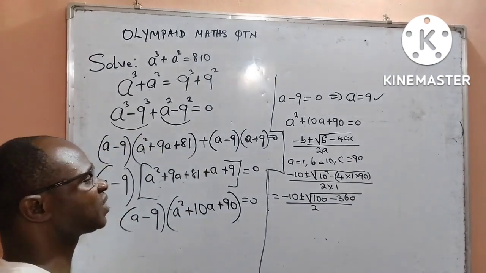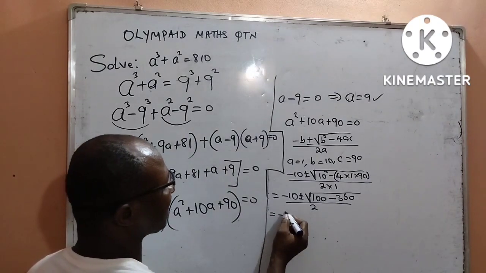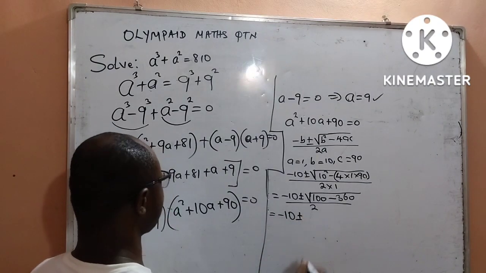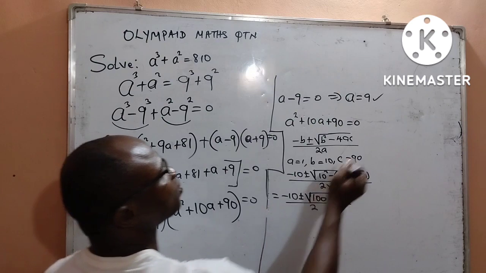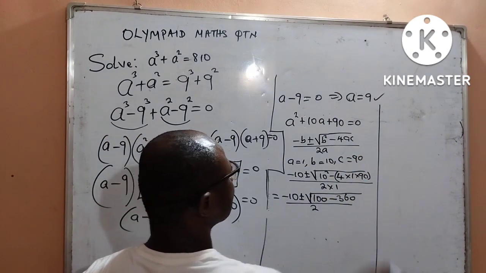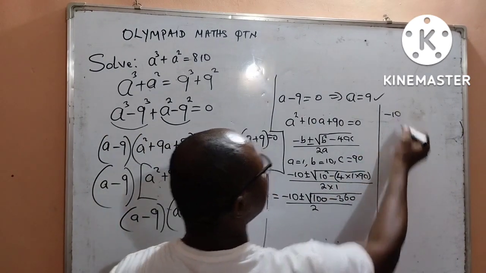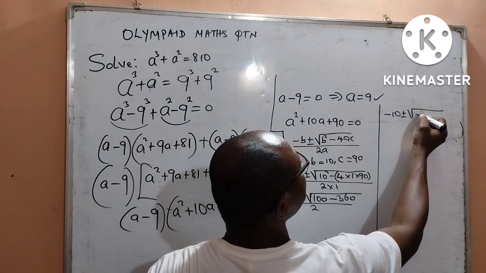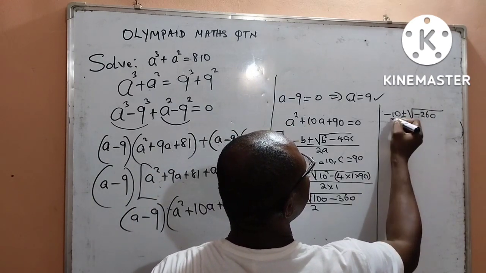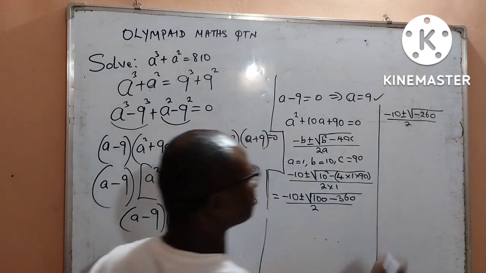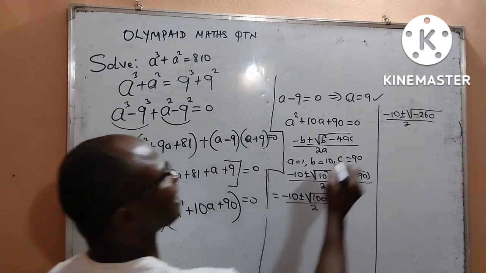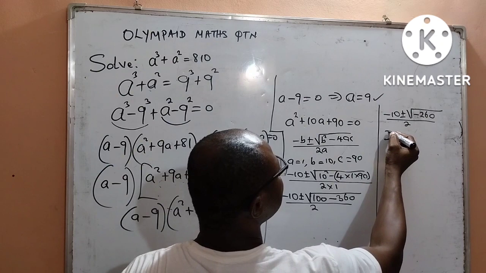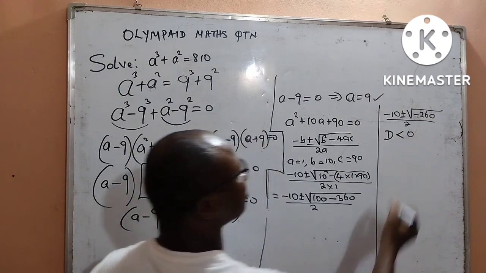I want you to see what is happening. Then, minus 10 plus or minus the square root of minus 260, everything all over 2. You can agree with me now that d, the determinant, is less than 0.